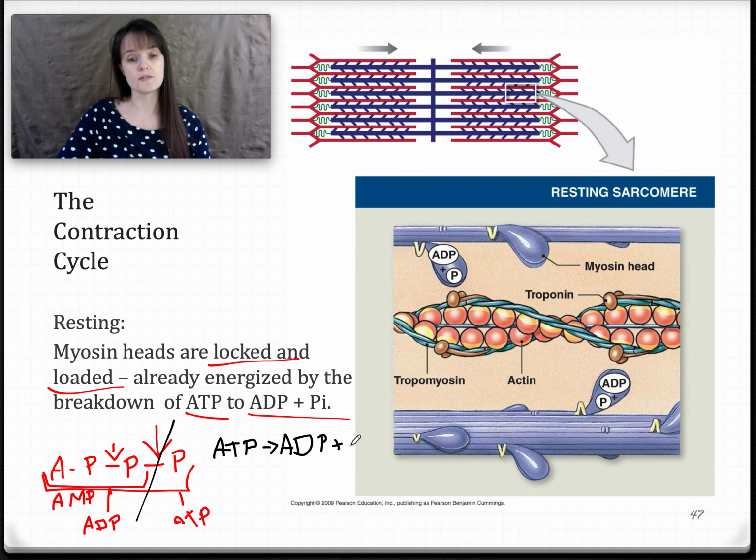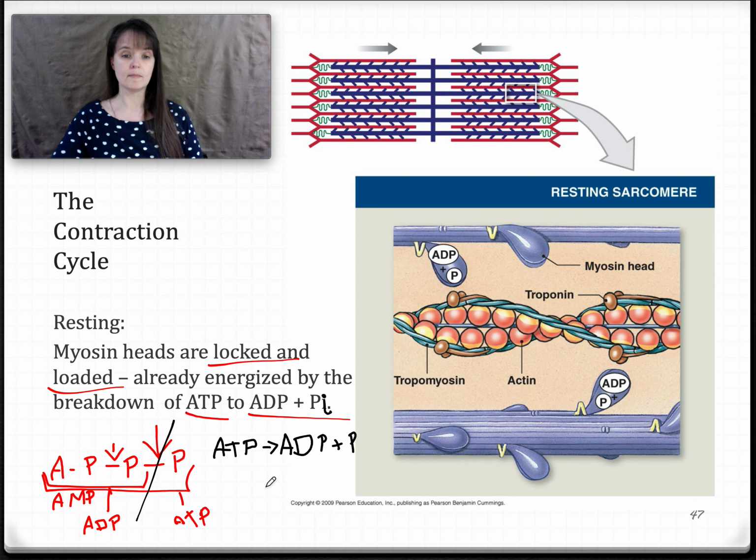plus a loose phosphate. So that Pi, it's a lowercase cursive i. So it's not pi, it's an inorganic phosphate group. There's a difference. So that's what happens.